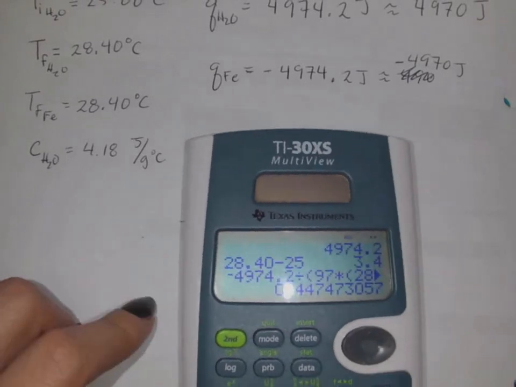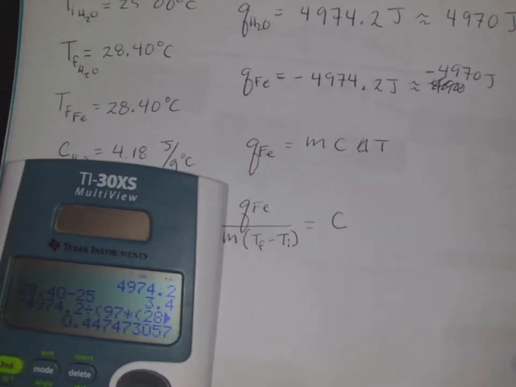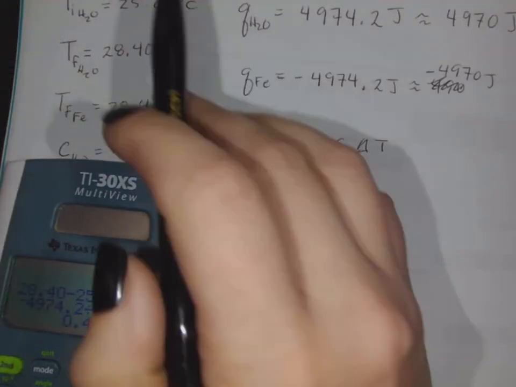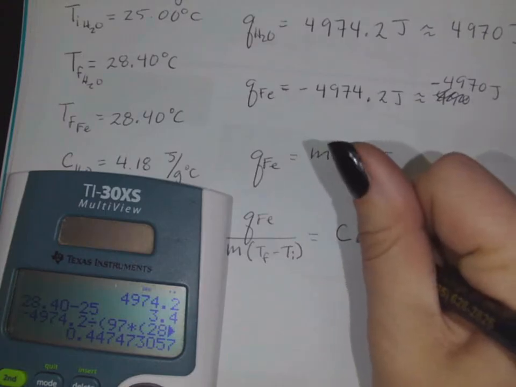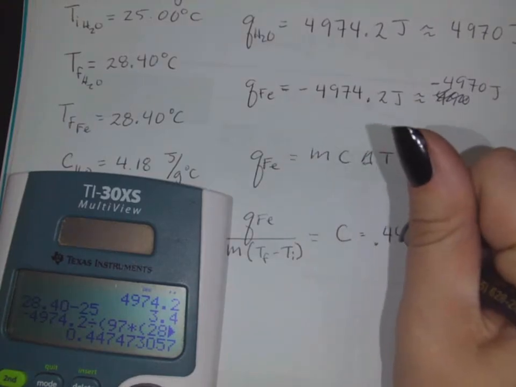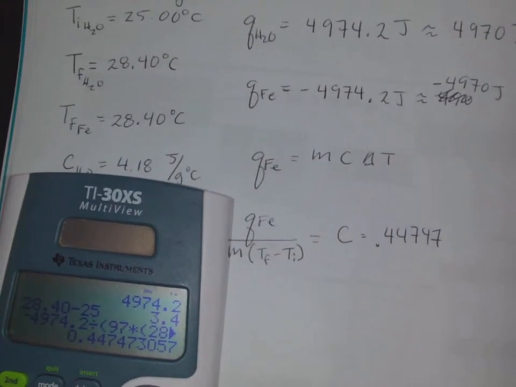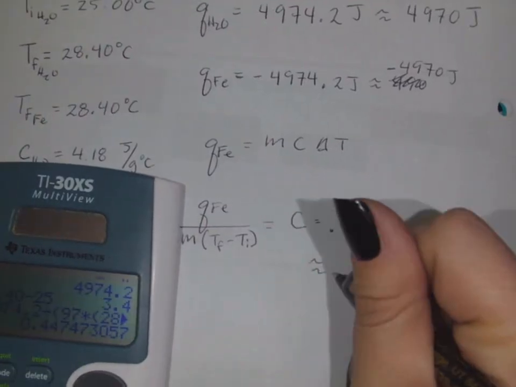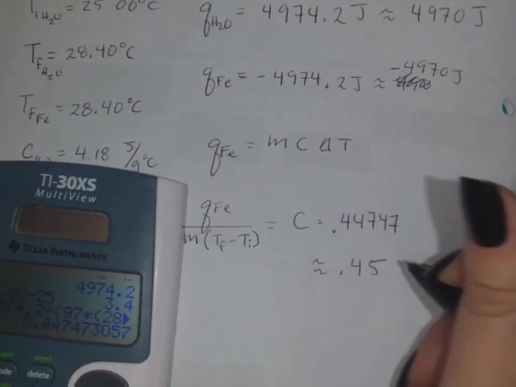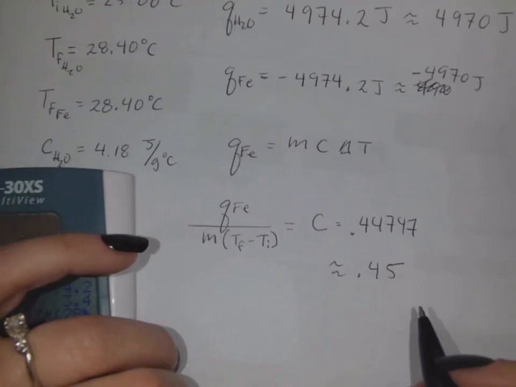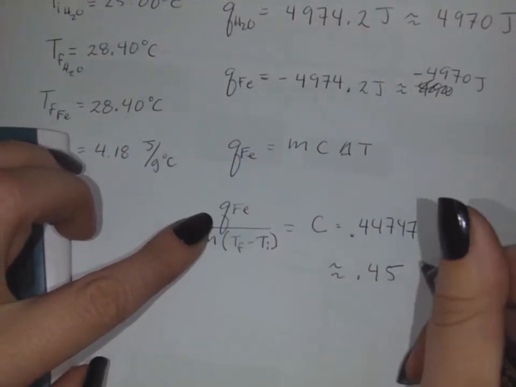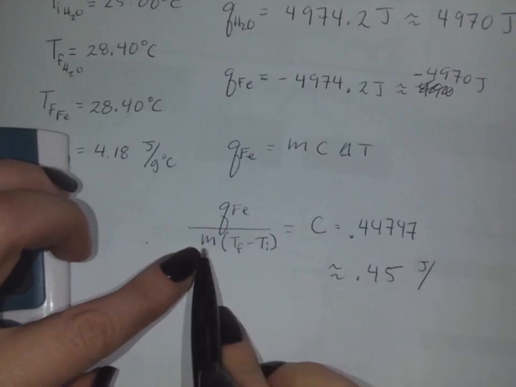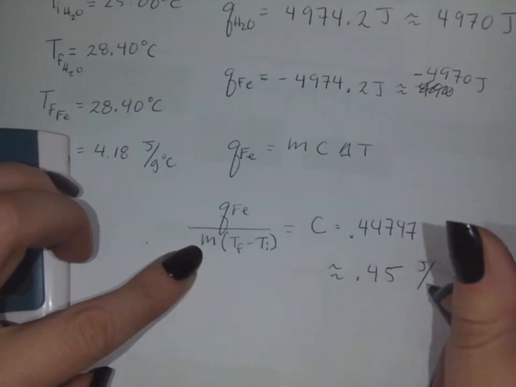Okay, and then divide that, the specific heat, and I'm going with 3 sig figs, oh no, actually 2, because 97 grams. So without sig figs, I have 0.44747, etc., which would be about 0.45. And we can see the units, but we also know units of specific heat. This was joules, and I'm dividing it by mass, which was grams.